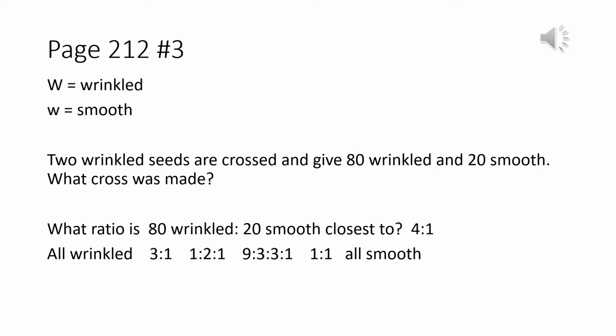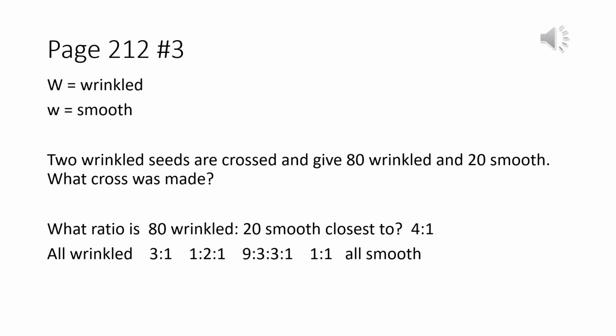And sometimes in real life, the plants do not give exactly precisely the right ratio. If you flip a coin 100 times, you should expect to get 50 heads and 50 tails, but it wouldn't surprise you too much if you got 49 heads and 51 tails. Yeah, that's where we're going with this.